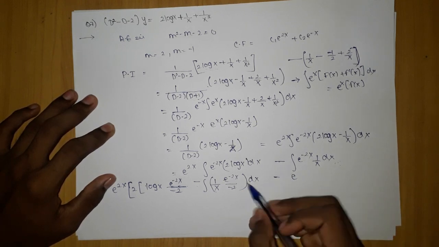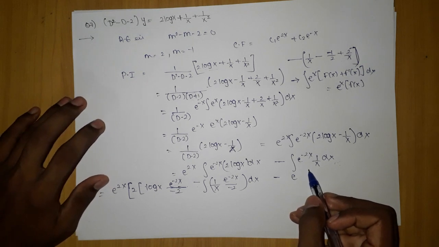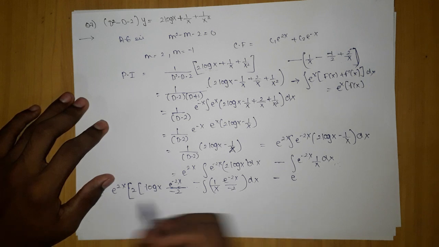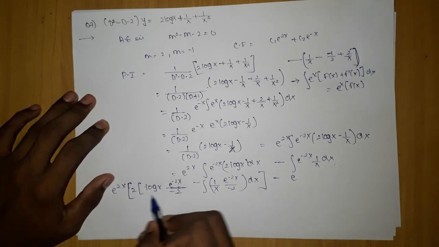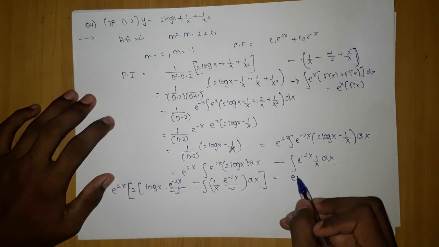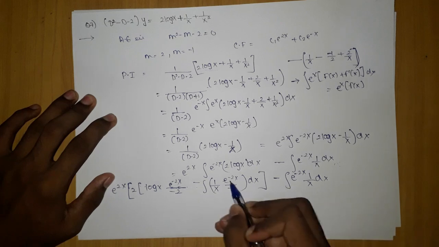Minus, if you observe, this whole thing is written here again. Here minus 2 is there, so we can take minus 2 common from all of this. And if you observe here, e to the power minus 2x, 1 by x into dx is present.